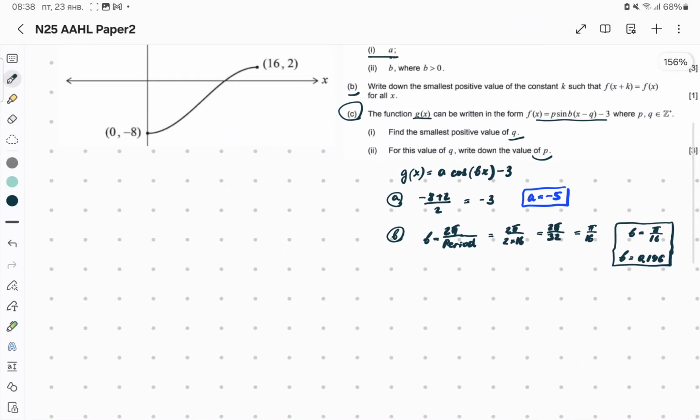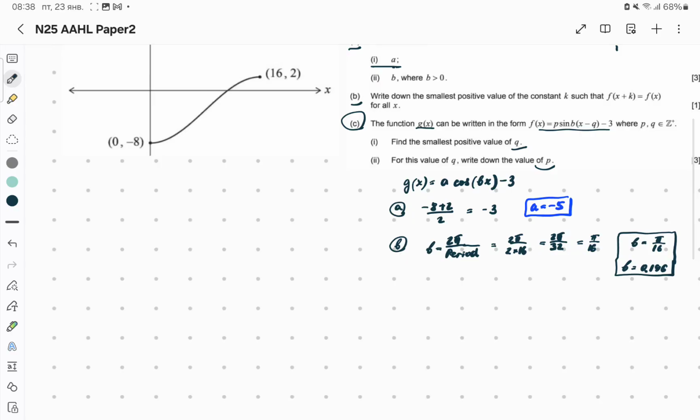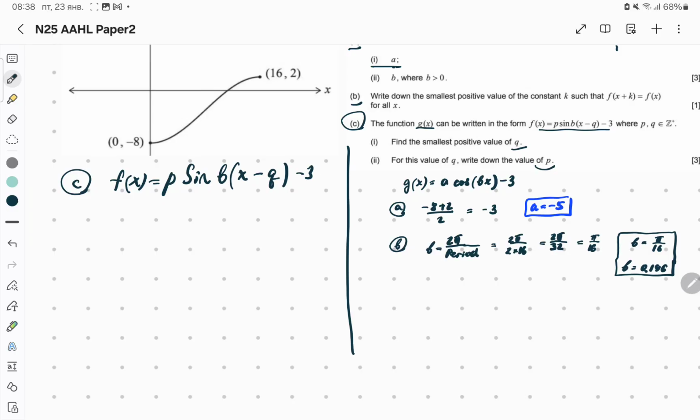So now let's do the same thing, but we will say that it is a sine graph now. So let's start. I'll copy f of x is equal to p sine b, q minus x, minus q, minus 3. What do we know?